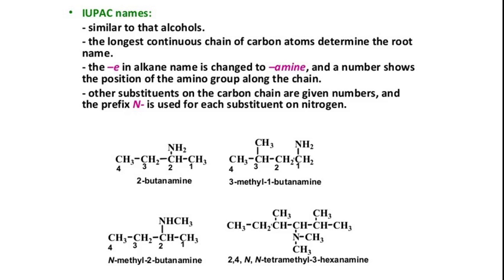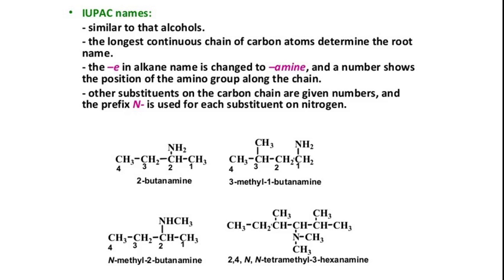Once again, check it. First, is this an amine compound or not? This has an NH2 group, that's why it is an amine compound. The longest chain is 1, 2, 3, 4, that's butane. Butane plus amine, butanamine. After that, is it 1-butanamine or 2-butanamine?